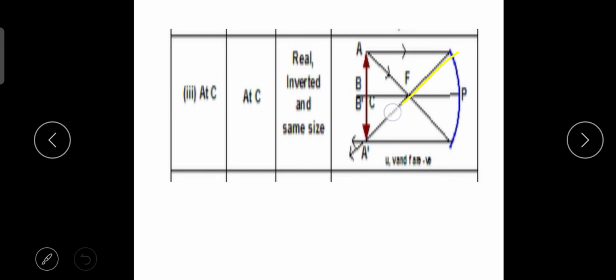So the reflected lights are meeting here. You can see the reflected lights are intersecting at the point A. So the image formed is here. That means it is at the same position as the center of curvature. This is the center of curvature.